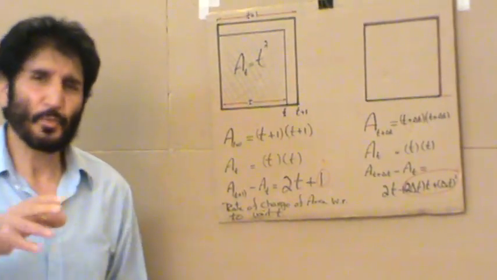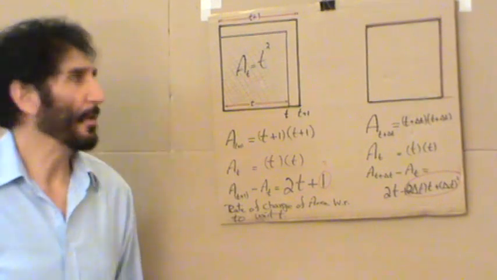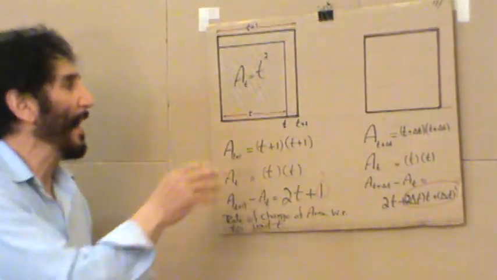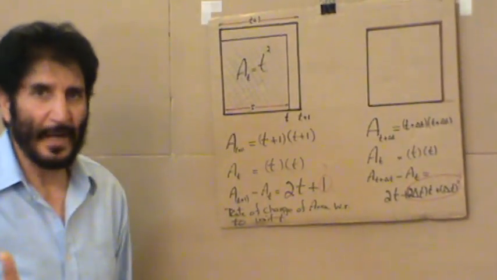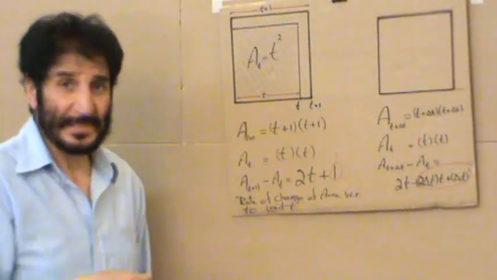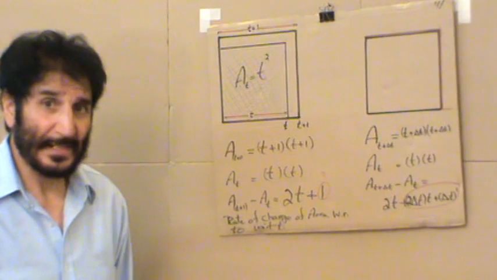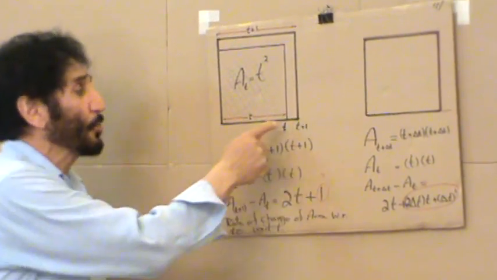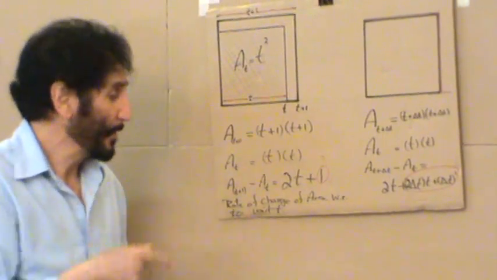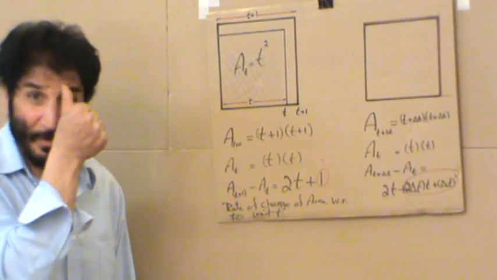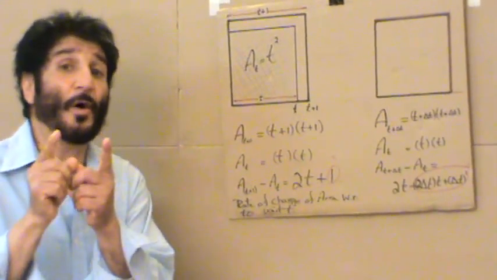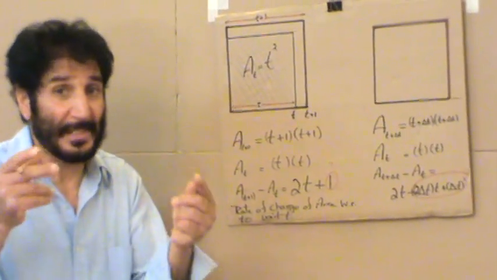Let's first put in some numbers to see if it is correct. If t is 5, 5 squared is 25, then 5 plus 1 is 6, 6 squared is 36, and 36 minus 25 is 11, which is 2 times 5 plus 1. So that is correct. So what went wrong? Nothing went wrong, but we selected the unit 1, which was terribly large in a sense.